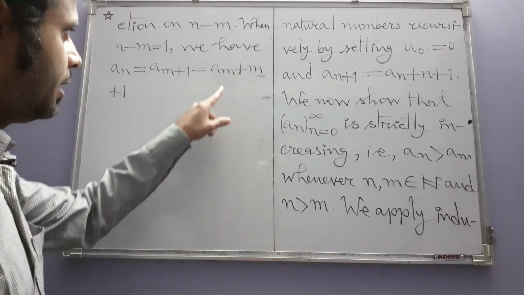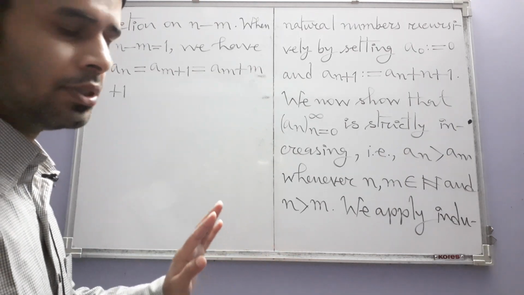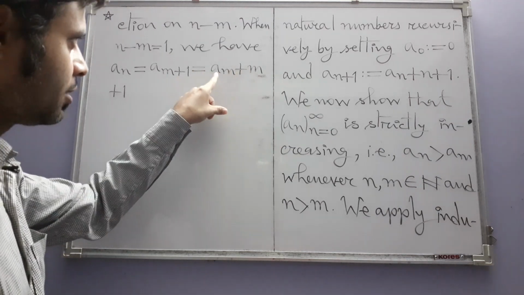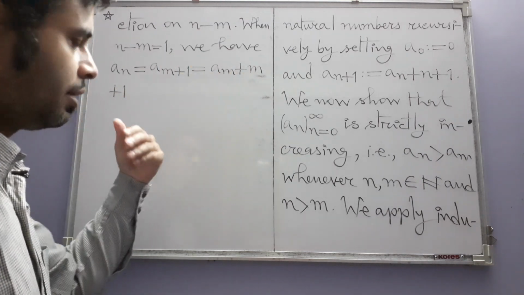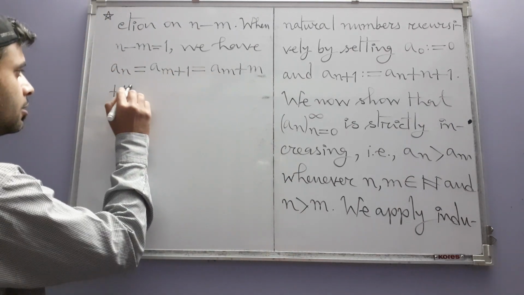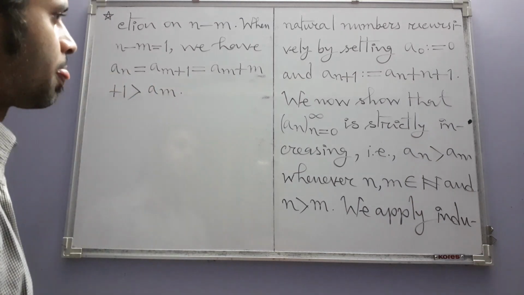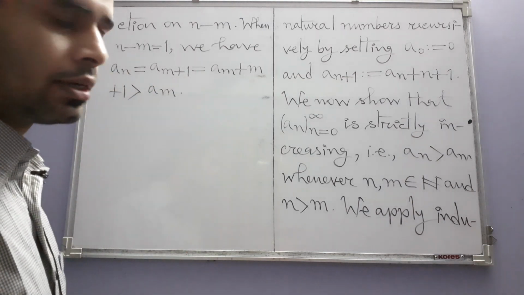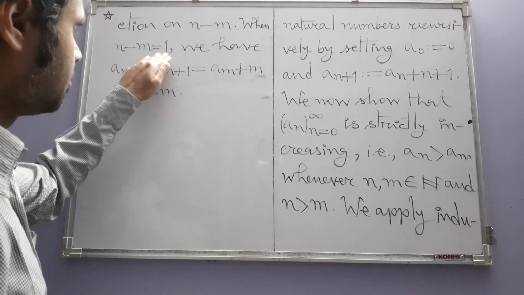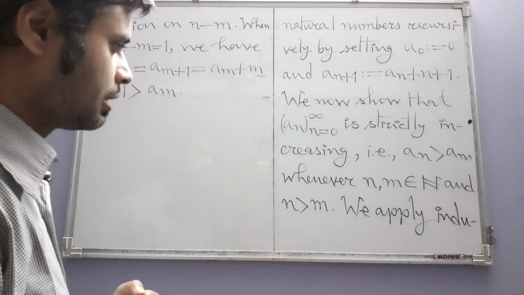Now m being a natural number can be 0, that is the least m can be, but we have plus 1. So after all, with a_m we are adding a positive natural number. So that's why this thing is strictly greater than a_m. And this is the basis for our induction, because in this smallest possible case where n minus m is taking the smallest possible value, we have in fact shown that a_n is greater than a_m.